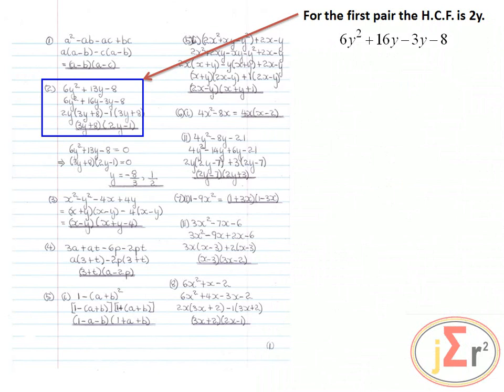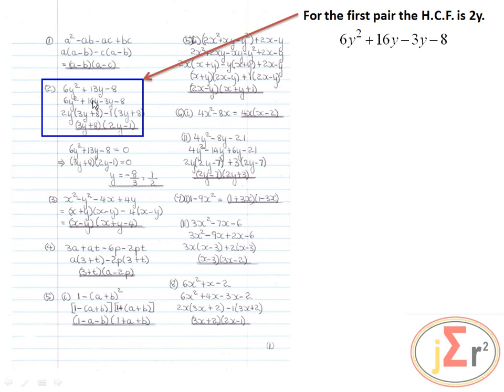And we will factorize by grouping as we did in the first expression. So we have completed the first step, which is to resolve the middle term into its two components that we have done right here, and we will continue our first step of factorization by taking the highest common factor of the first pair.